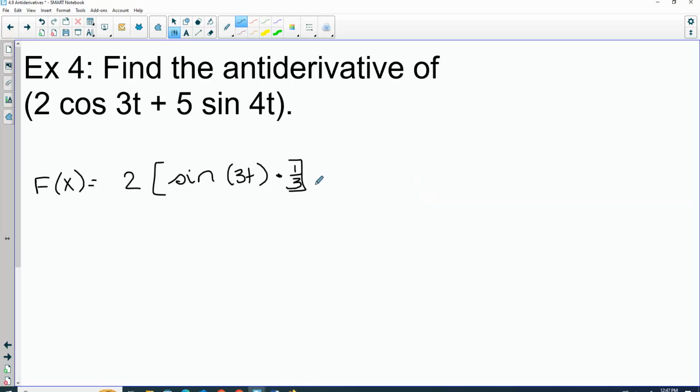So I'm multiplying by the 1/3 so that when I do the derivative of my sine, I get my cosine, and the derivative of the angle is 3. I multiply by the 1/3 to cancel it. Okay, and just keep this 5 for a second. What has a derivative of sine? When you do the derivative of the trig function, the angle stays the same, but I would have to multiply by the derivative of the inside, which is 4.